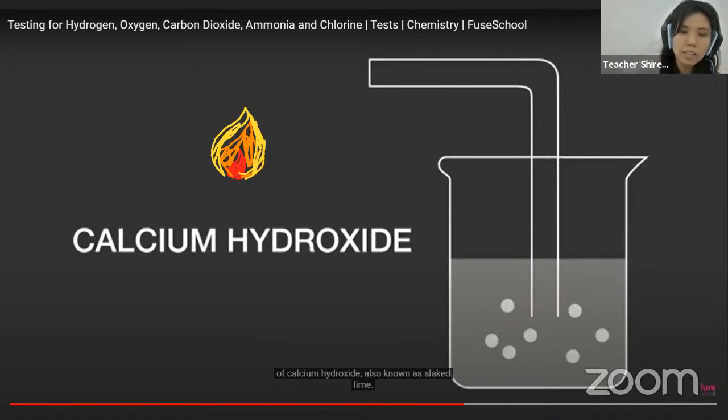Cloudy means at the beginning it's transparent, but when you put the carbon dioxide, like normal, you blow inside, then everything becomes milky cloudy. From transparent it becomes cloudy. Please type in the chat: carbon dioxide, lime water will turn cloudy.